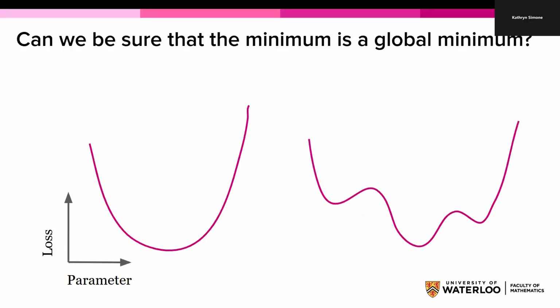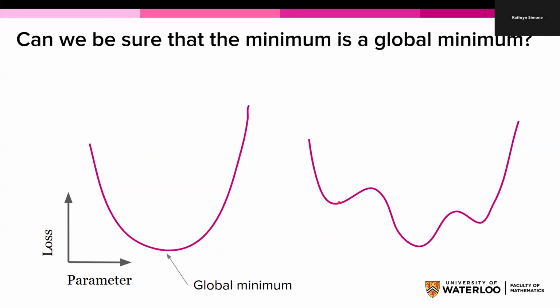To explain more what I mean, here are sketches of two hypothetical loss functions involving one parameter. The one on the left is representative of the situation we had before, where it's got this nice smooth bowl shape, and we can identify a single minimum. So there's a single point where the gradient is 0. There's a clear global minimum in this function.